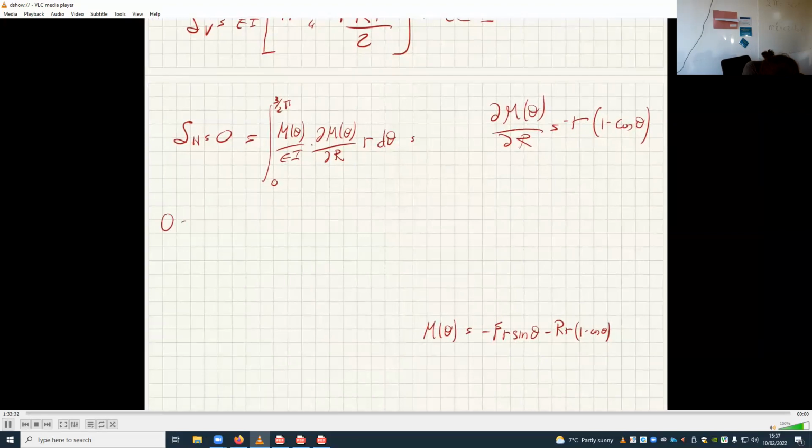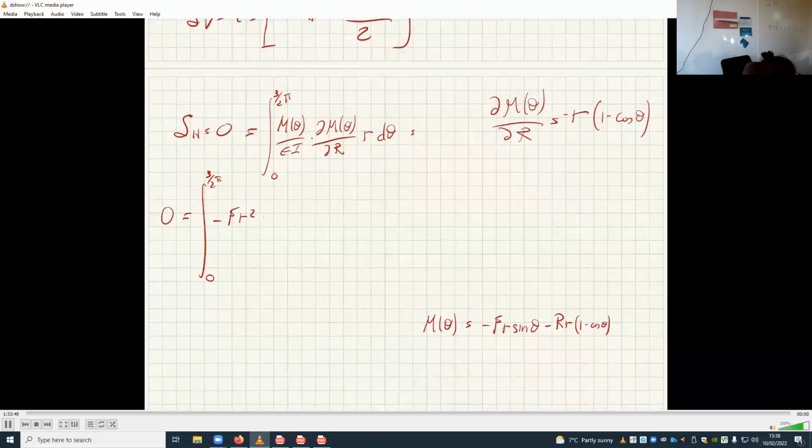So 0 equals the integral from 0 to 3/2 of pi of minus F r squared times sine theta minus sine theta cosine theta minus r squared times 1 minus cosine theta squared, r d theta.